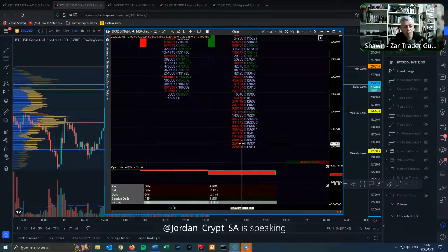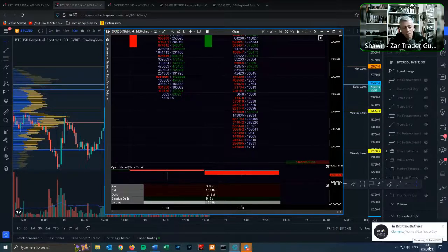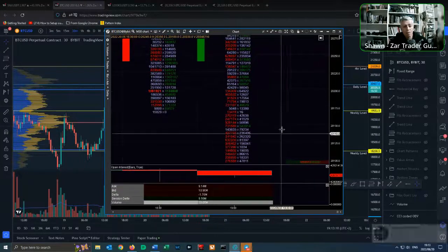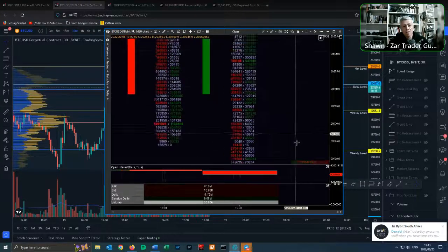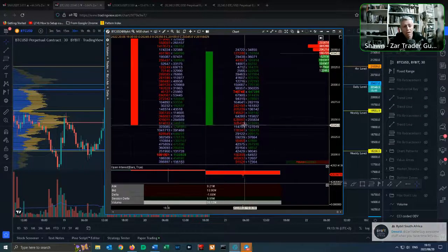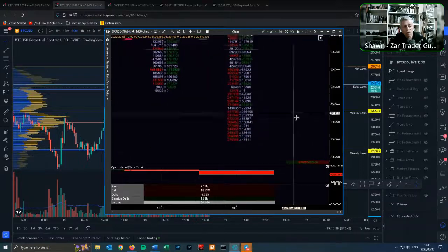Those are contracts opening. You can see in this half-an-hour candle since it opened at 7 o'clock, we've had 10 million sells, and a lot of them have happened at the bottom of the candle, which means they're actually trapped. All of the shorts that opened up below this point here, they're all trapped.